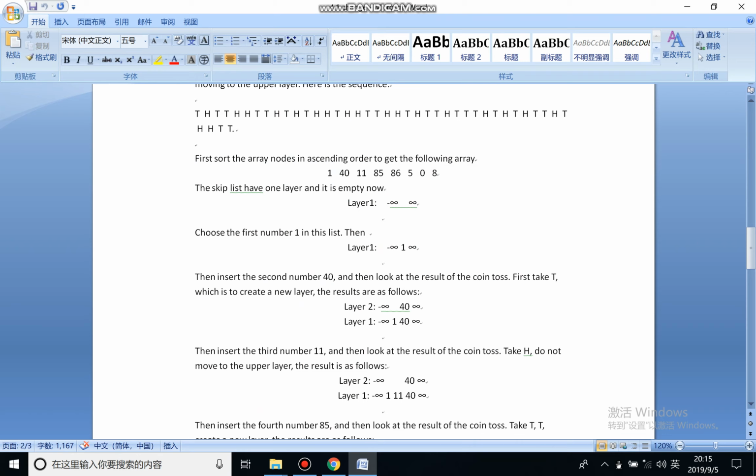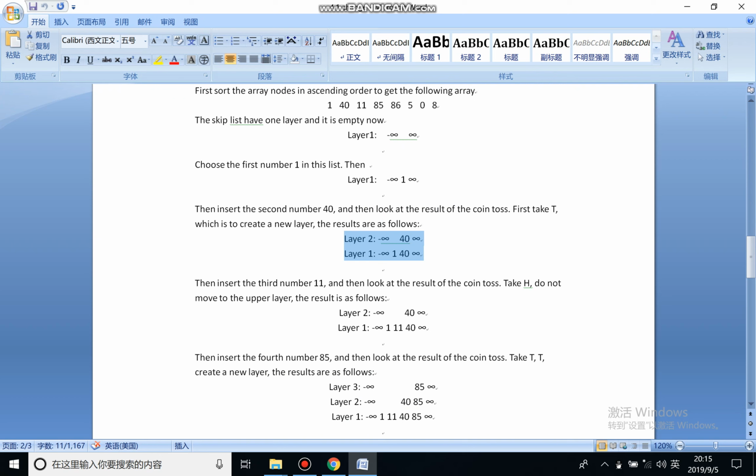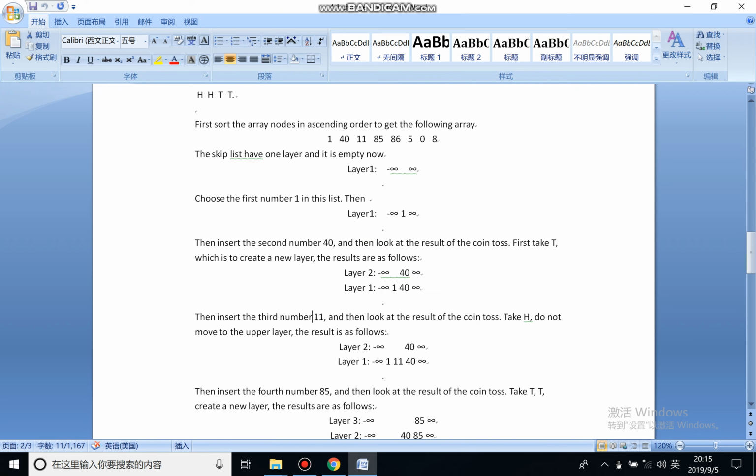The second number is 40, and look at the coin flips. The coin flip is T, so we move it to the next layer. We don't have a next layer, so we create a new one, layer two. So the state is here now, and we insert element 11.